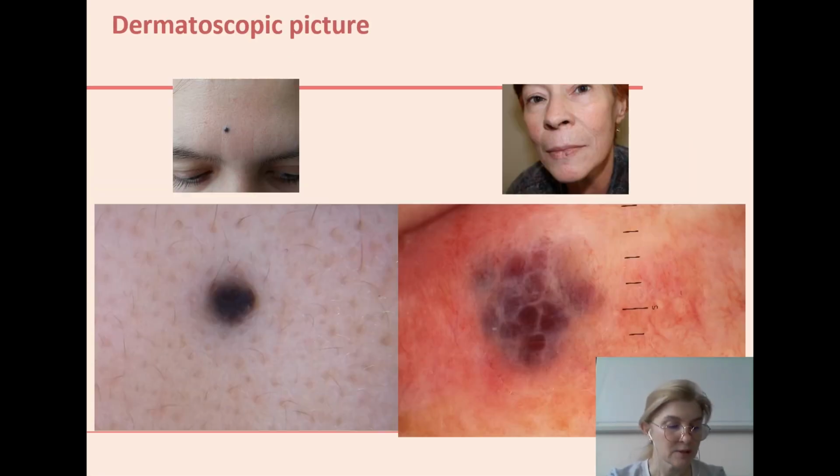But the dermatoscopic picture is different. In the first case, it's a structureless area of blue color, it's a blue nevus. In the second case, vascular lacunas, it's a hemangioma. We'll also differentiate these elements from melanoma.